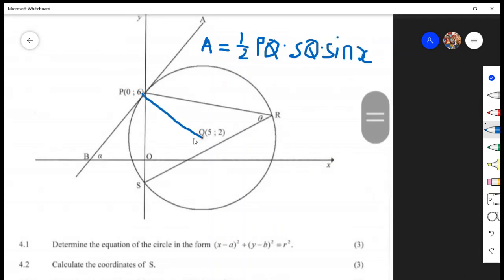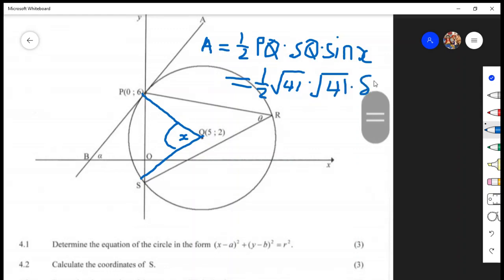So this is going to be x, which is then equal to half of our radius, which was the root of 41, times the root of 41 times sine of 77.36. Was it 77.36, right? Just to confirm. Okay, thank you.